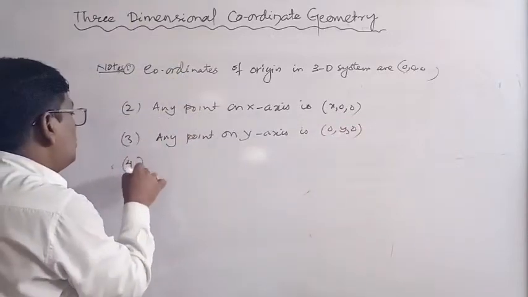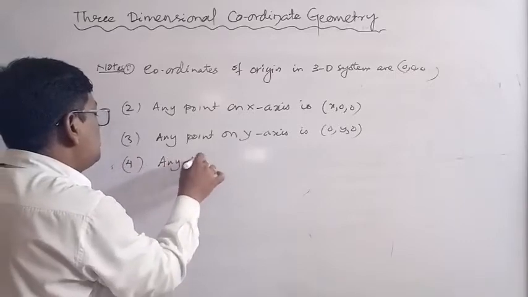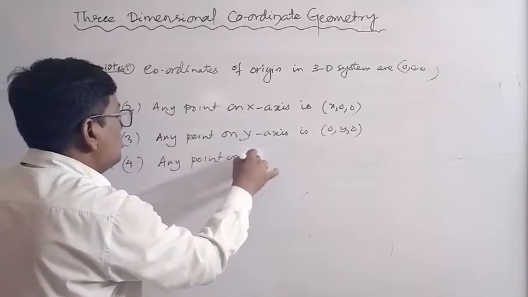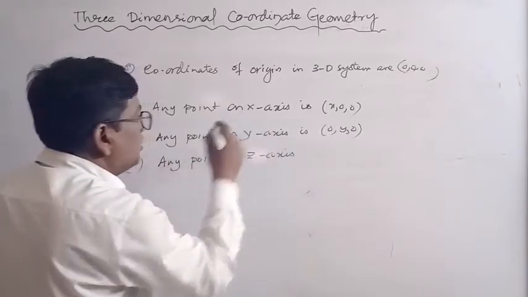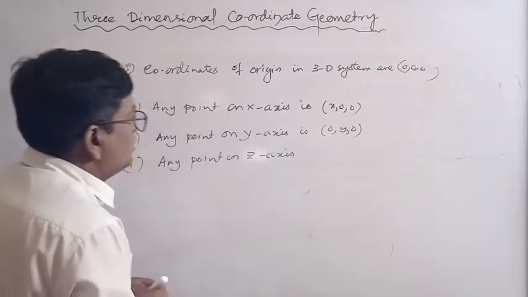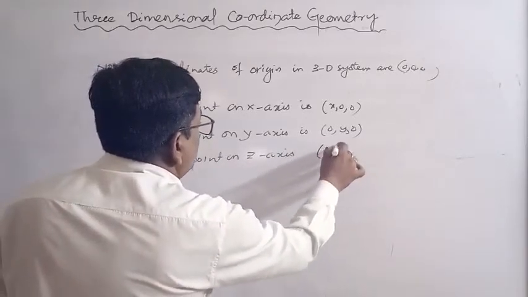Number 4, any point on the z-axis is 0, 0, z.